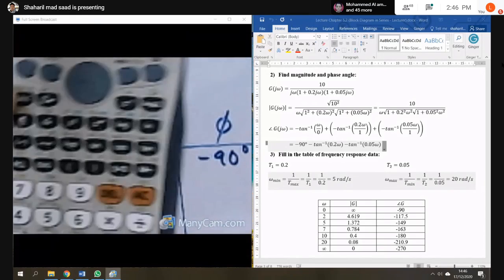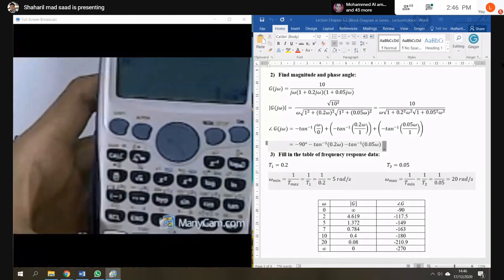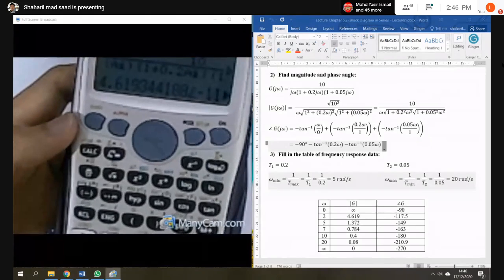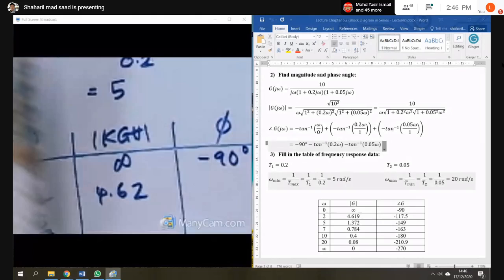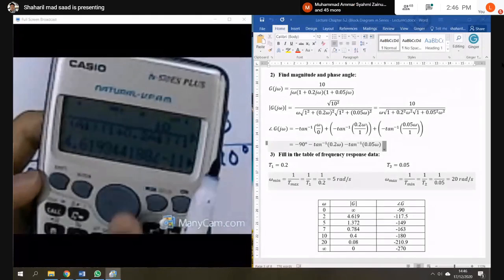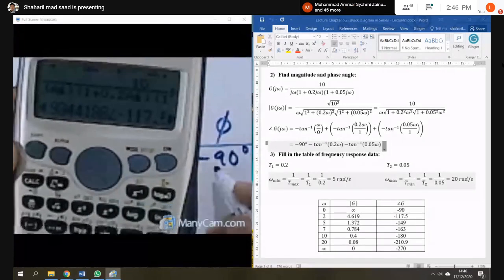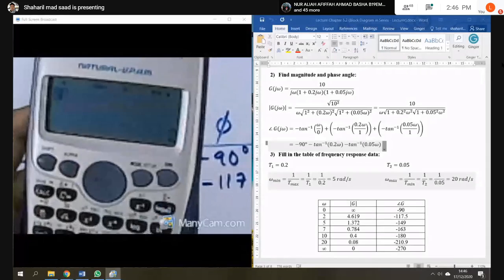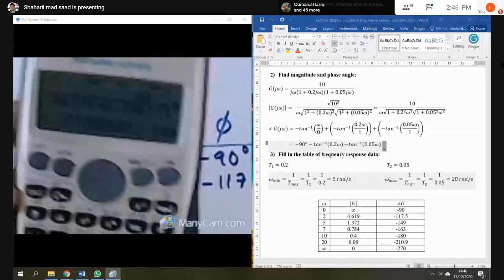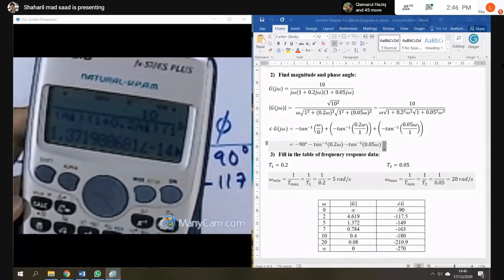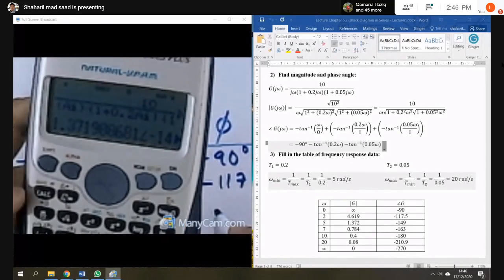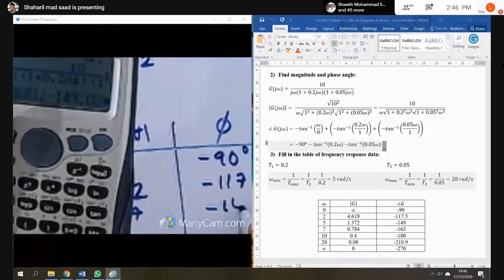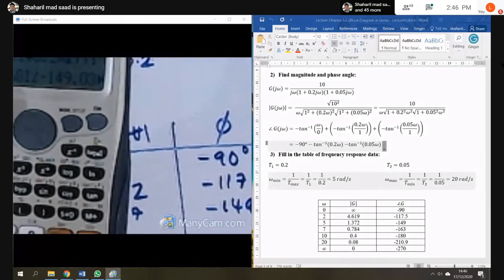Then you calculate again. Omega equal to 2: 4.62, and the angle is minus 117. Good. Omega equal to 5: 1.37, and the angle is minus 149 degrees.